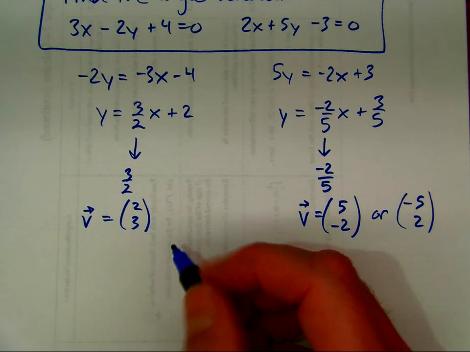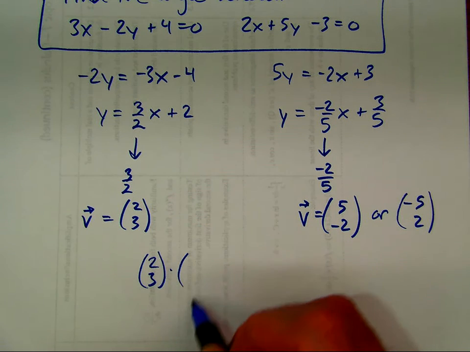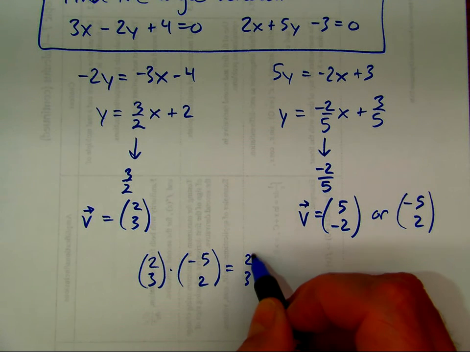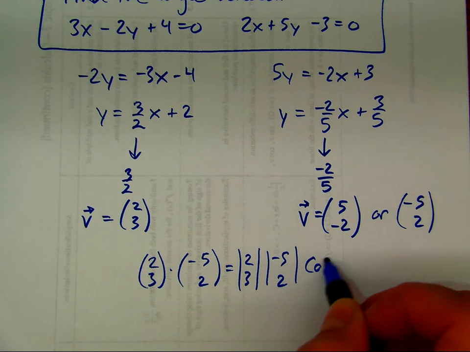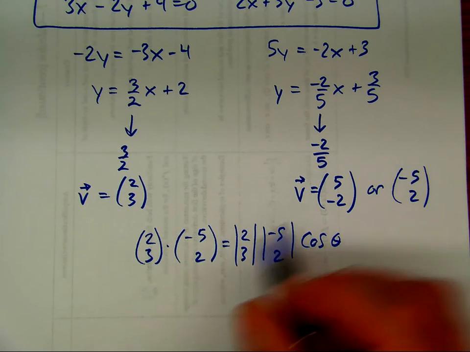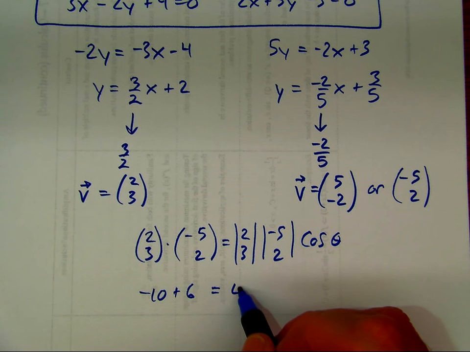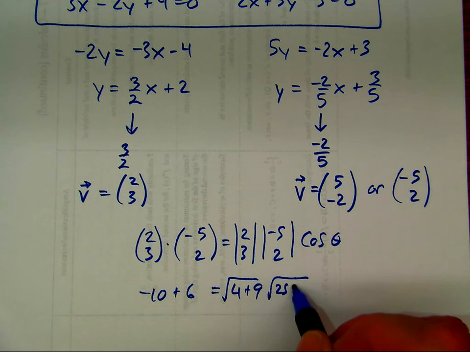The angle between the vectors, use the dot product. We get negative 10 plus 6. This is 4 plus 9. 25 plus 4.